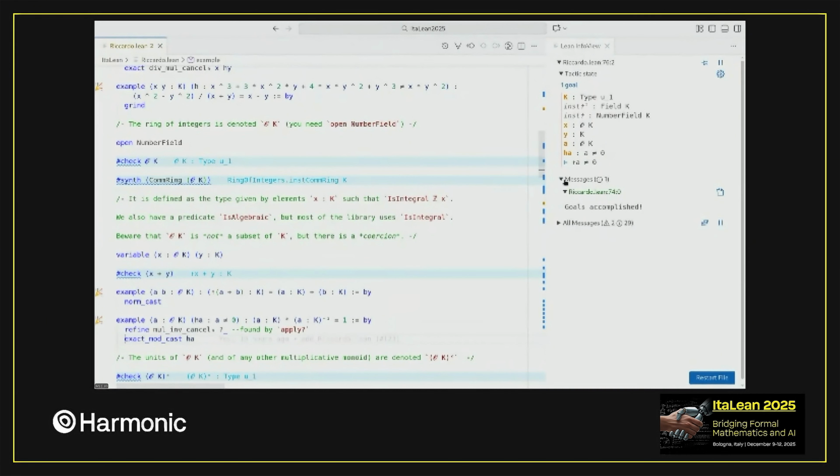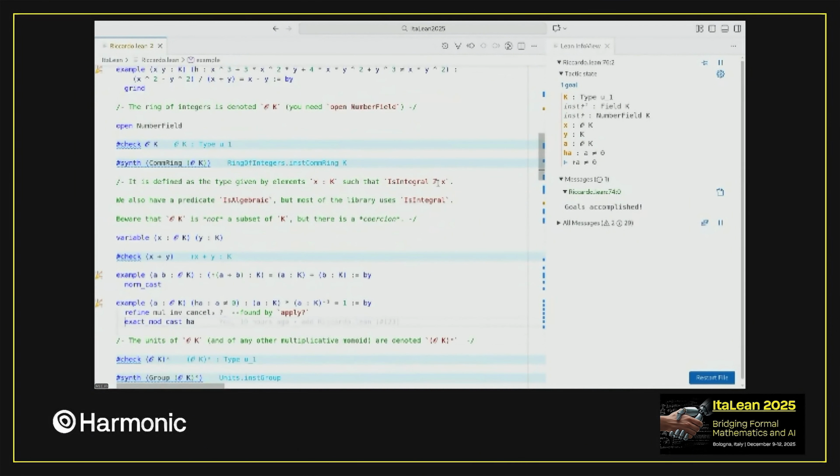So you see, the goal is very close to your assumption HA. The only difference is this coercion, so this arrow, and exact modcast tries to solve this problem for you. So if you just write exact HA, it doesn't work because HA is not literally your goal, but it's very close to your goal. So exact modcast is a smarter version of exact that gets rid of this annoying coercion.